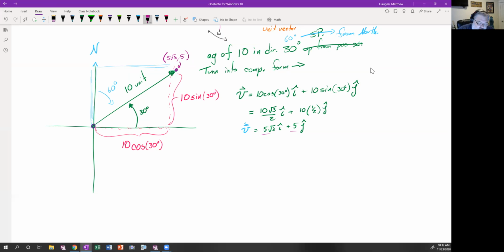So it's very common to express a vector that is in position vector placement. Instead of using the notation with the i's and the j's, we just use the coordinates of that head if it was written in position form. So you'll see it often just written as 5 square root of 3 comma 5.